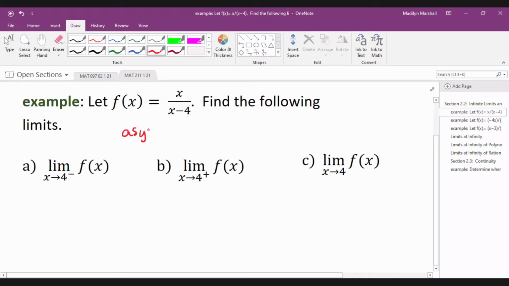We can tell that it is a vertical asymptote because only vertical asymptotes come from the denominator. We are going to talk about horizontal asymptotes today, though, but it will be a different kind of limit. So I'm pointing out that we have an asymptote at x equals 4 because each of these limits is looking at what's happening as we approach 4. So we know that we are dealing with a vertical asymptote.